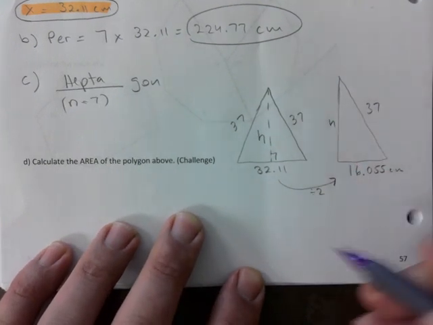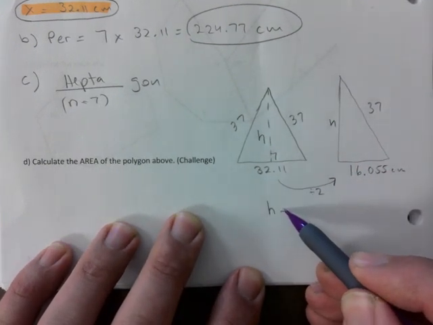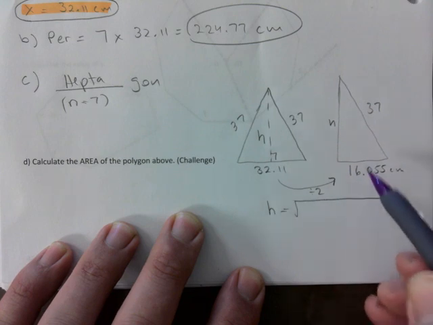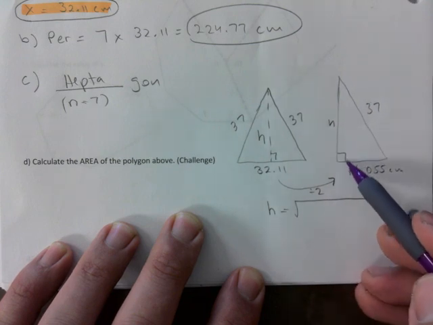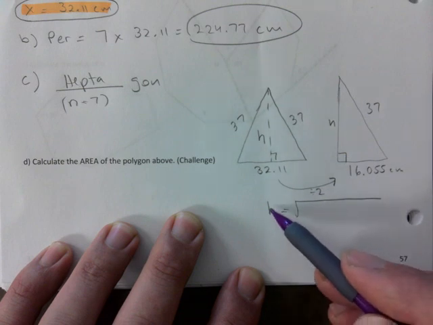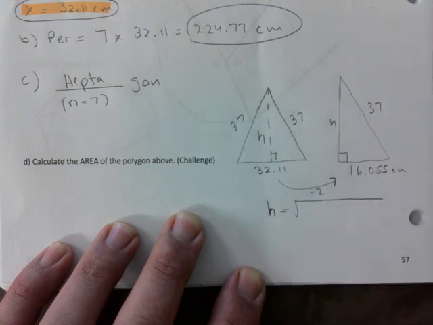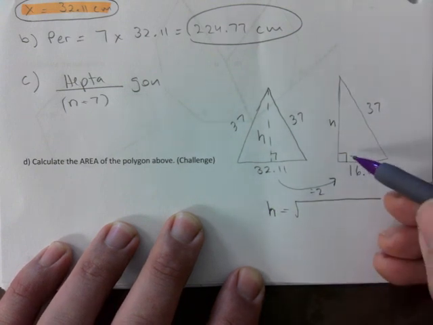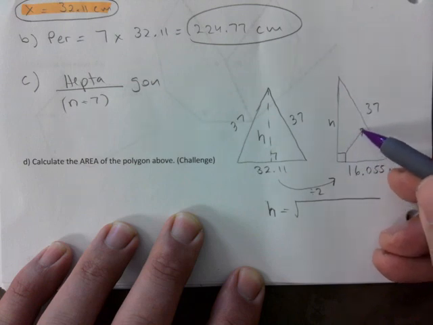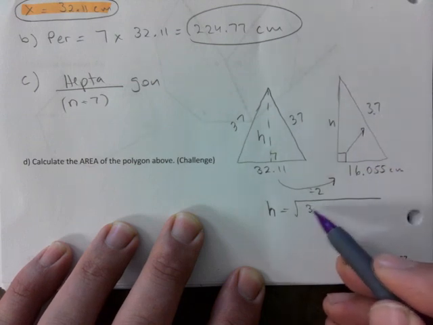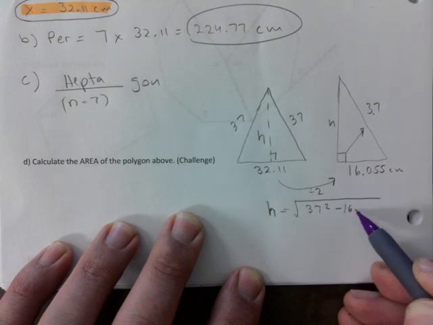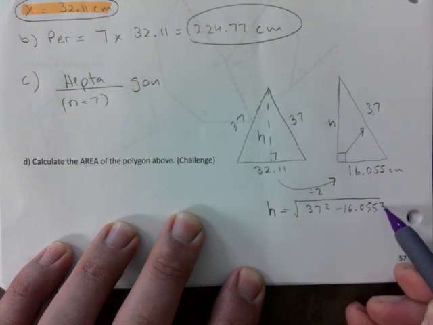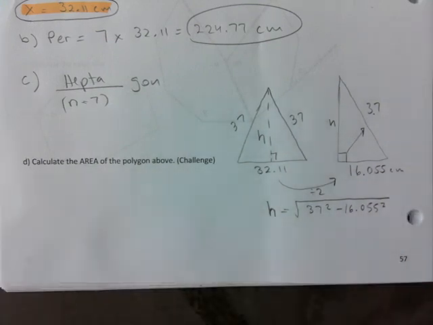So this is my height. To find the height, is that a leg or a hypotenuse? It's obviously the hypotenuse, Mr. Dirksen, because you called it h. That's not what we're after. The hypotenuse is always across from the 90. So we go 37 squared minus 16.055 squared. When you're trying to find a leg, you subtract from the hypotenuse. Just remember that, because you can't have a side longer than the hypotenuse.